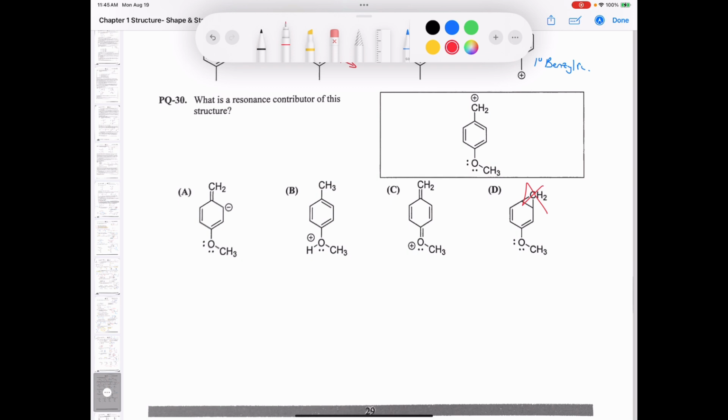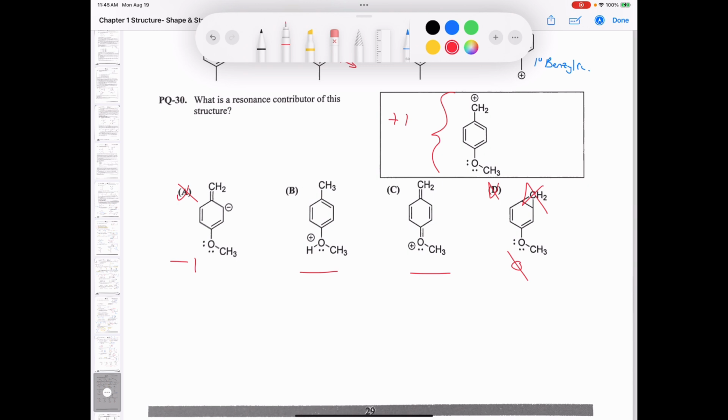And then for the other ones, you're starting with something that's positive. Overall, this is a +1 charge. This one is neutral, so that's not an answer. This one's +1, so it's in the running. This one's +1, so it's in the running right now. And this one is -1, so this one is a big no-no as well.